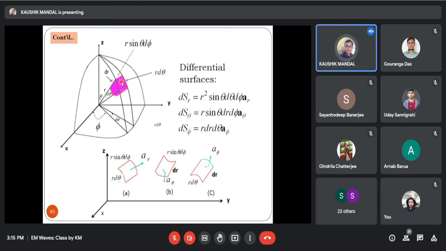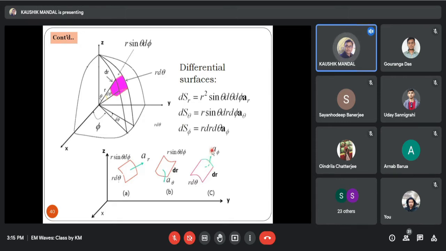So first this surface, then this surface, then the next one is this particular surface. That is due to the increment in phi. One particular side is dr, and the other side is r d theta. So this is r d theta, this is dr, and the direction of the corresponding unit vector is a phi.